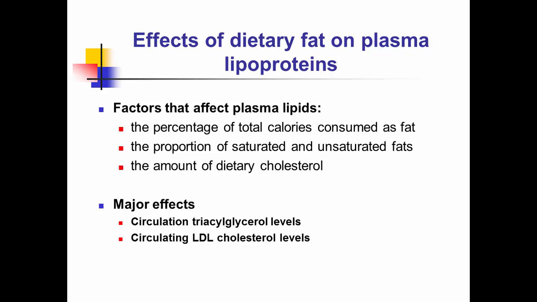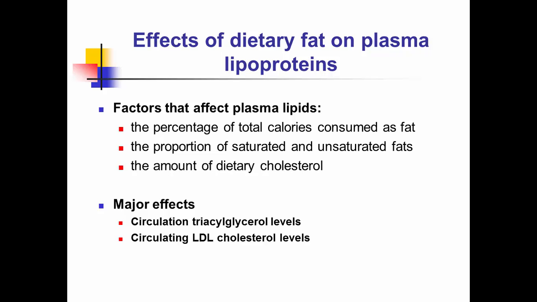And specifically, the factors that affect the plasma lipids, first of all, is the percentage of total calories consumed as fat. In the diet, we need the protein, fat, and carbohydrate, but in the right proportion.